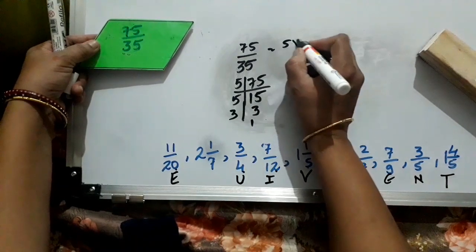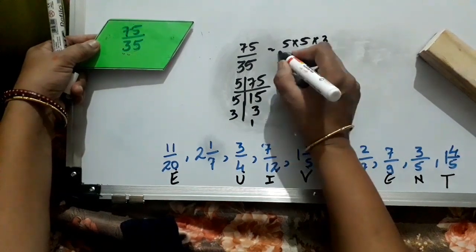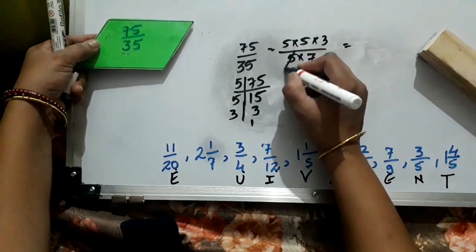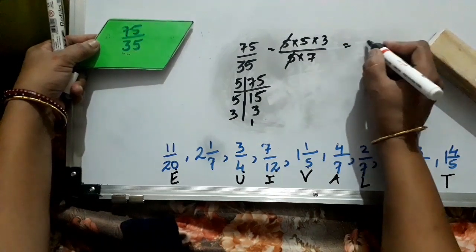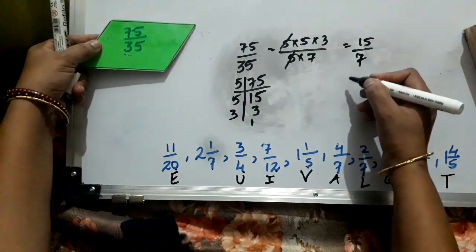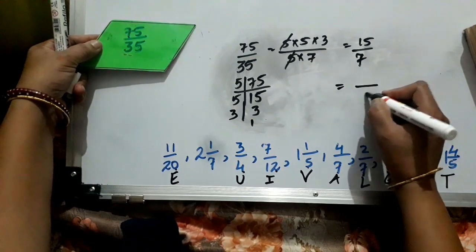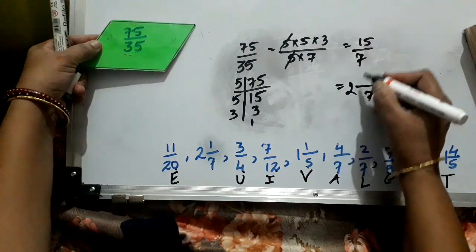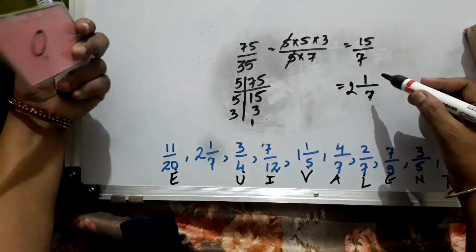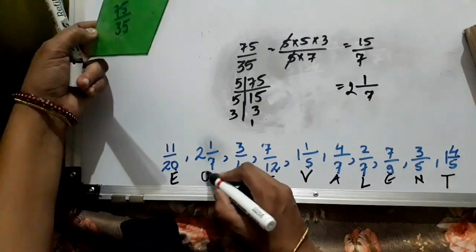So here 5 into 5 into 3, and 5 7s are 35. So 5 will go away. So here you have 5 3s are 15 upon 7. Again you can convert it to a mixed fraction. 7 2s are 14 plus 1 is 15. 2 1 by 7 and the letter is Q.